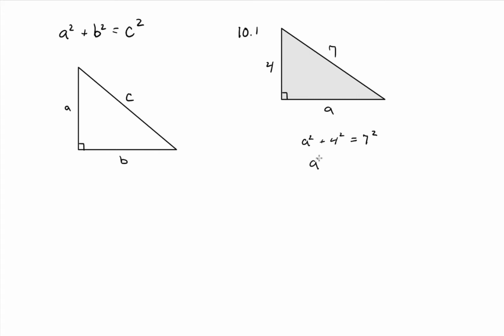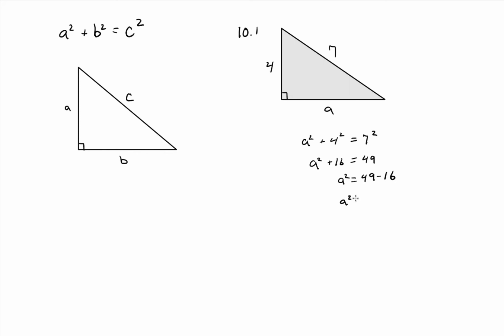So A squared, we can't do anything with that. 4 squared is 16. 7 squared is 49. Now we're going to solve. Change signs when we change sides. So that's going to be A squared equals 49 minus 16. And that's going to be 33.